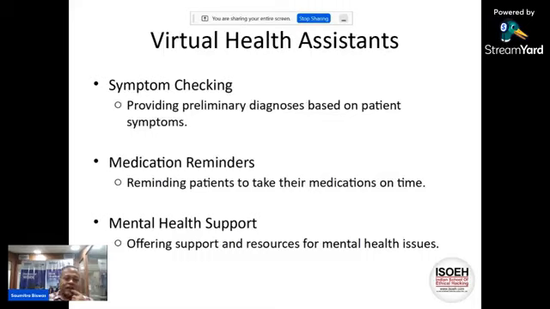Next one is very simple but very important: medication reminders. How many patients have you seen who forget to take their medications? Take a guess. 90%, 80%. The percentage is very high.